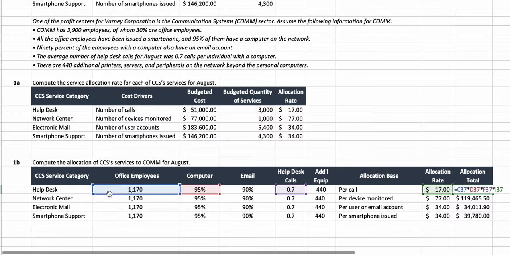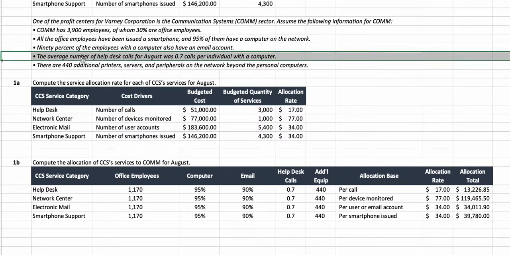Well, this one says that for the help desk, we're going to start with 1,170, which we talked about. If you look right here, this talks about the average number of help desk calls being based on 0.7 calls per individual with a computer.